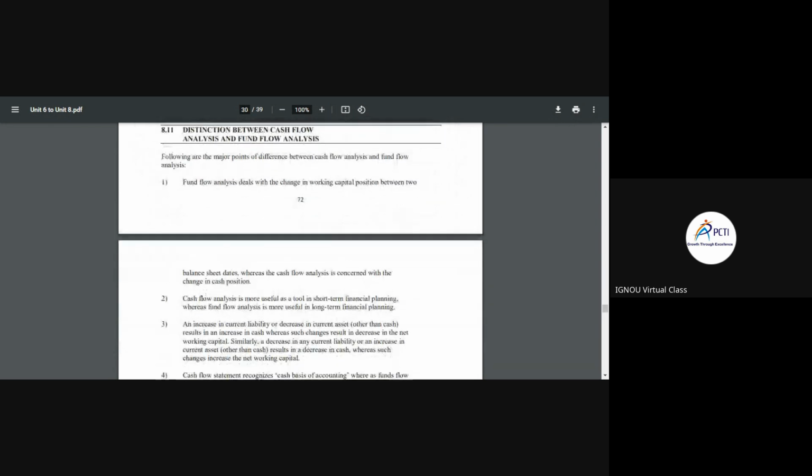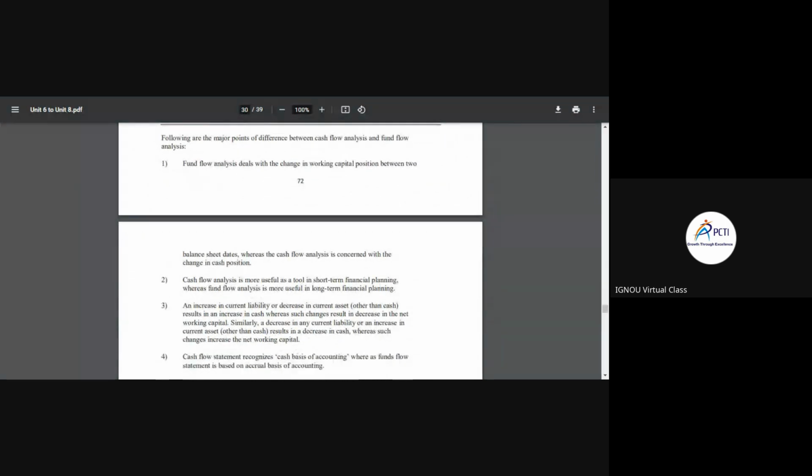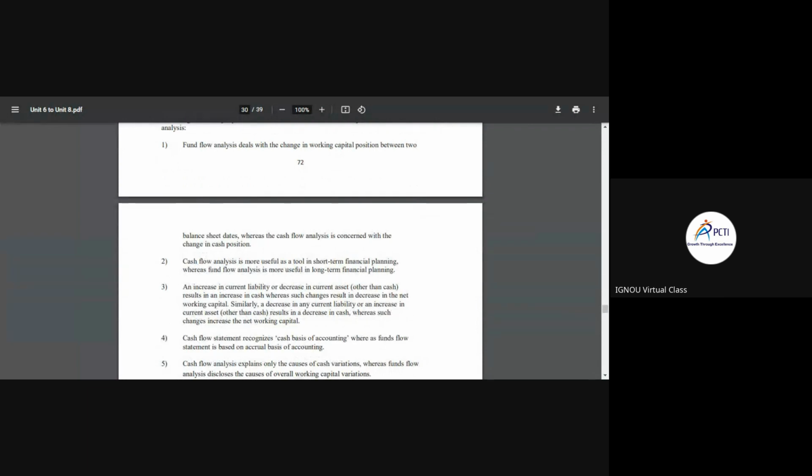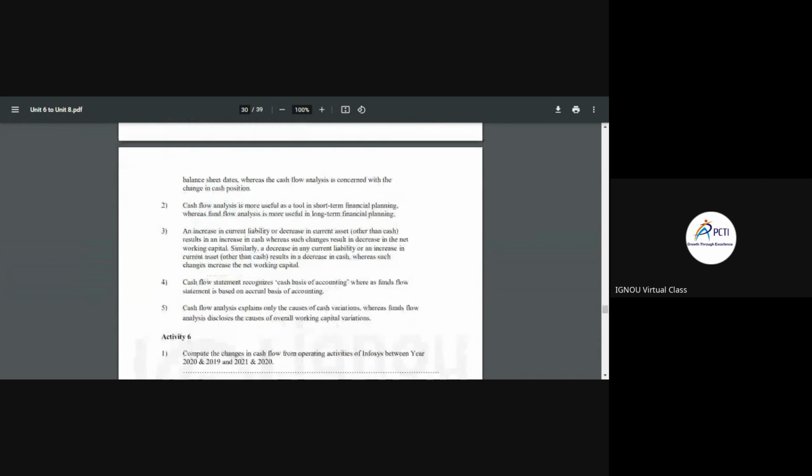Now the distinction between the cash flow analysis and the fund flow analysis. Fund flow analysis deals with the change in the working capital position between two balance sheet dates, whereas the cash flow statement only concerns the change in the cash position. Cash flow analysis is more useful as a tool in short-term financial planning, whereas fund flow analysis is more useful in long-term financial planning.